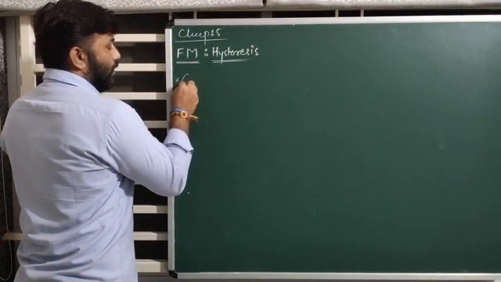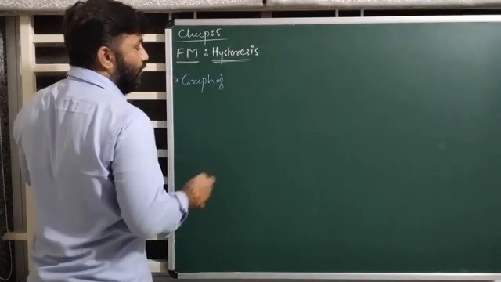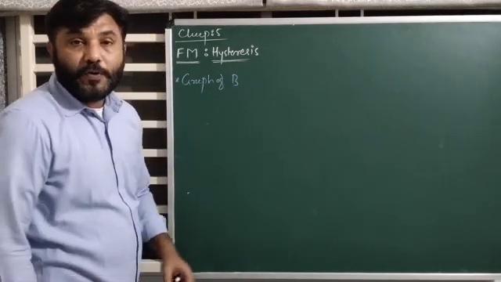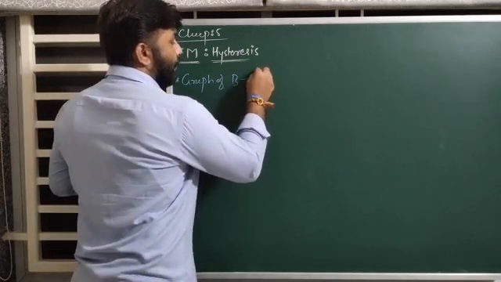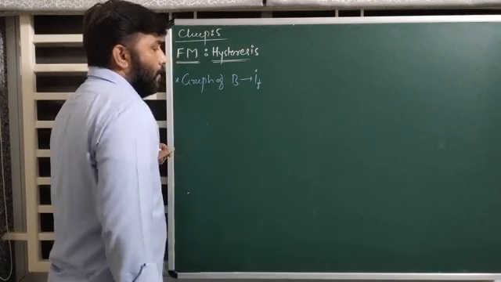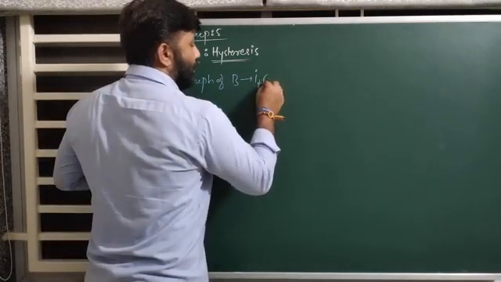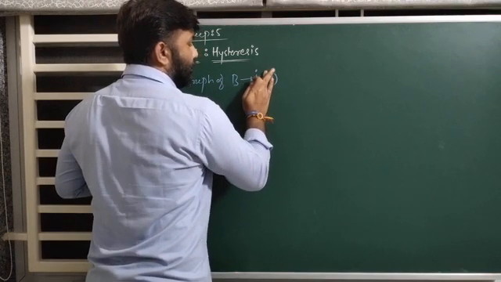Hysteresis is a graph. It is a graph of B, the magnetic field produced inside the material, against IF, the electric current passing through the solenoid, or you can say H, the magnetization intensity.